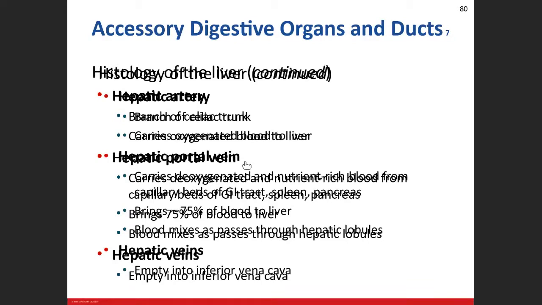As that happens, that hepatic portal blood mixes with the blood that came from the hepatic artery. So you've got oxygenated blood mixing with partially oxygenated or deoxygenated blood, but nutrient-rich, and all that's getting mixed around in the liver. And then that blood will drain into the central vein, into the hepatic veins, and then into the inferior vena cava.